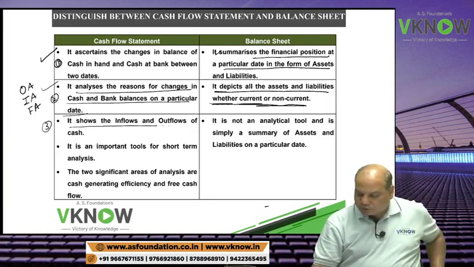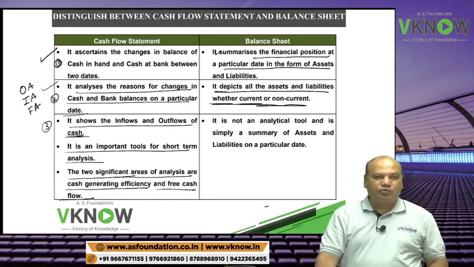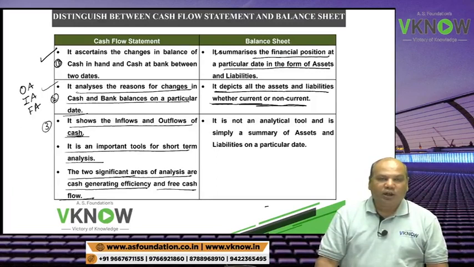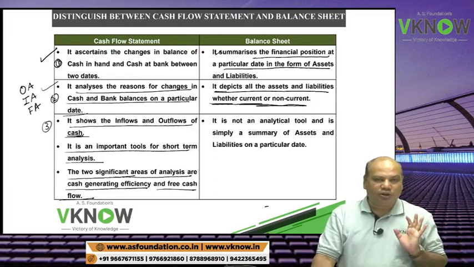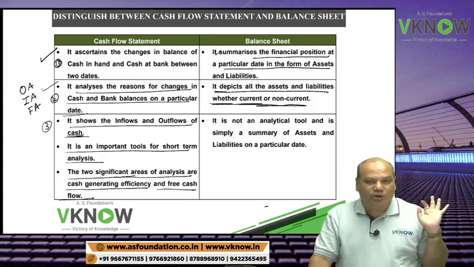Point number 3, cash flow statement shows the inflows and outflows of cash. It is an important tool for short-term analysis. The two significant areas of analysis are cash generating efficiency and free cash flow. So cash flow statement tells you how much cash flow has been generated by the entity during the year, how the cash has been utilized by the company during the year.